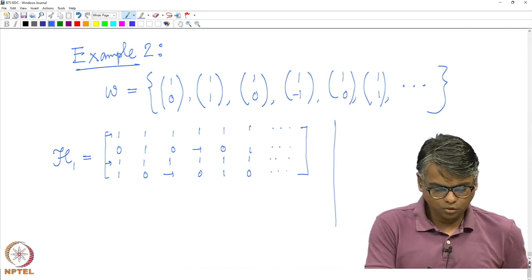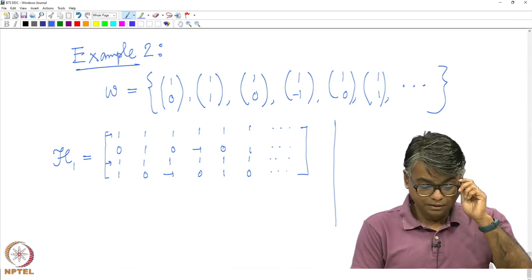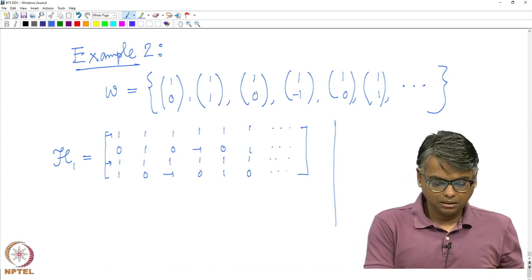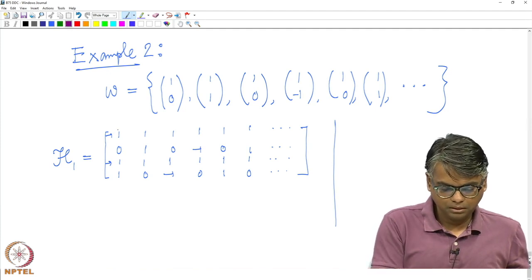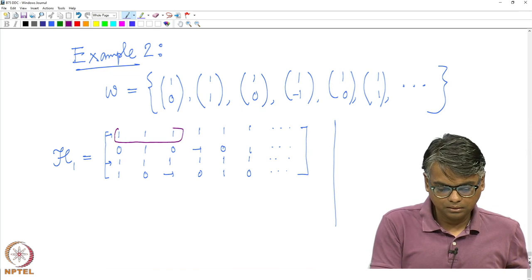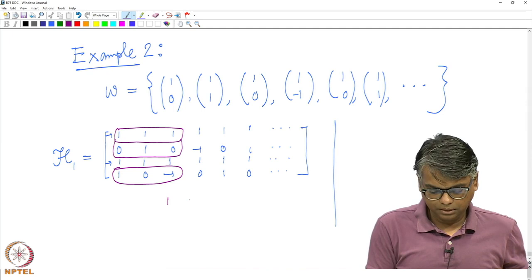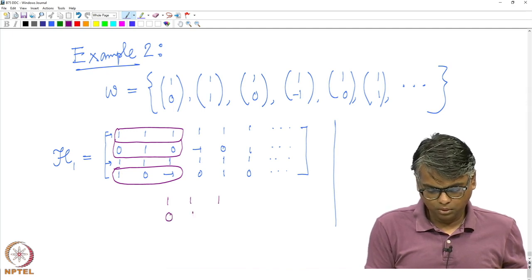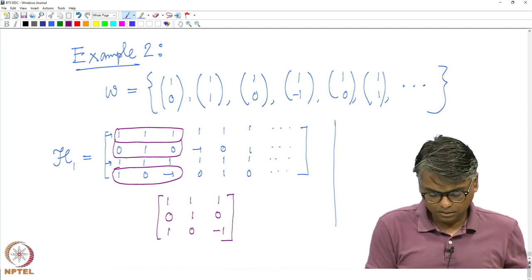Well, I can take the first row, the second row and the third row. If I take these 3 rows, I can verify that indeed, look at this. This matrix 1 1 1, 0 1 0, 1 0 minus 1 has non-zero determinant.